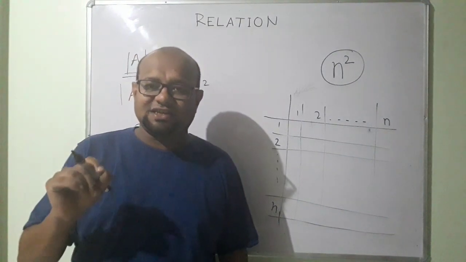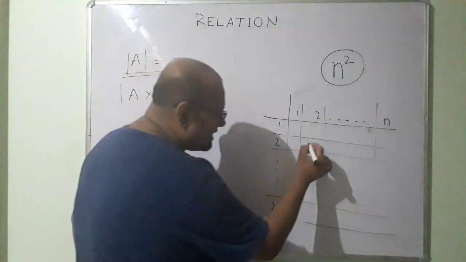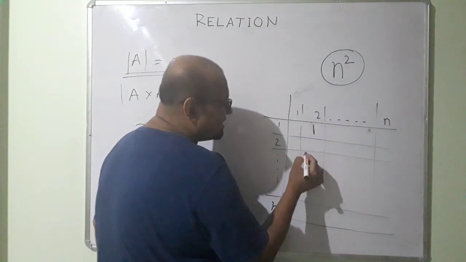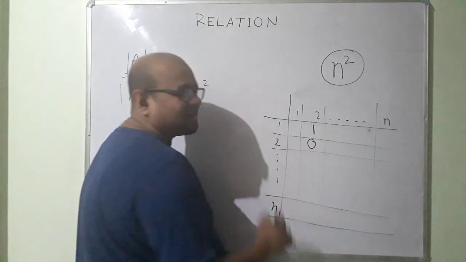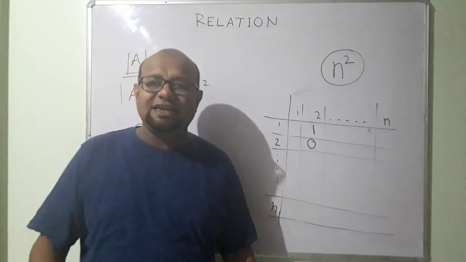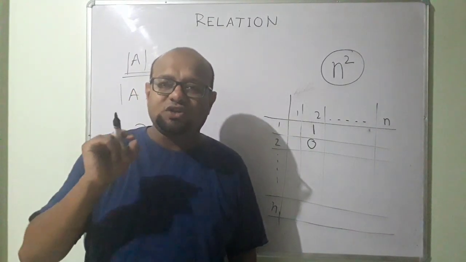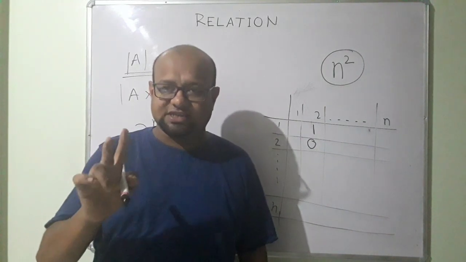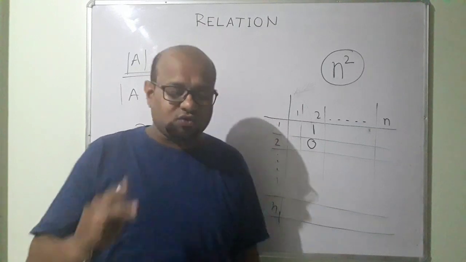Now n square different cells. Each of them can be in the relation or may not be in the relation. So each of these cells may take a value of 1 or 0. So for each cell I will have two choices, right? 1 or 0.